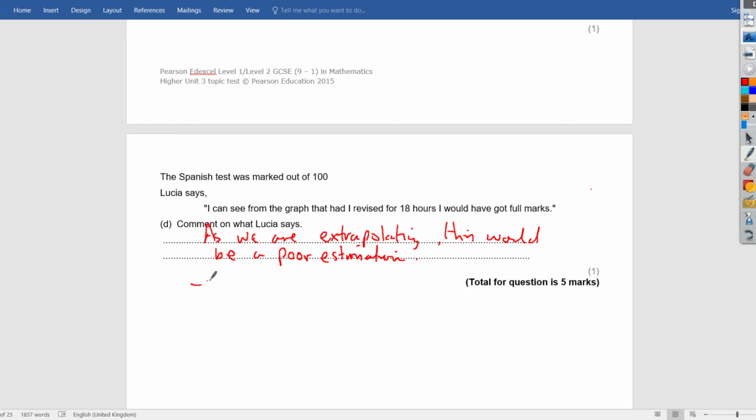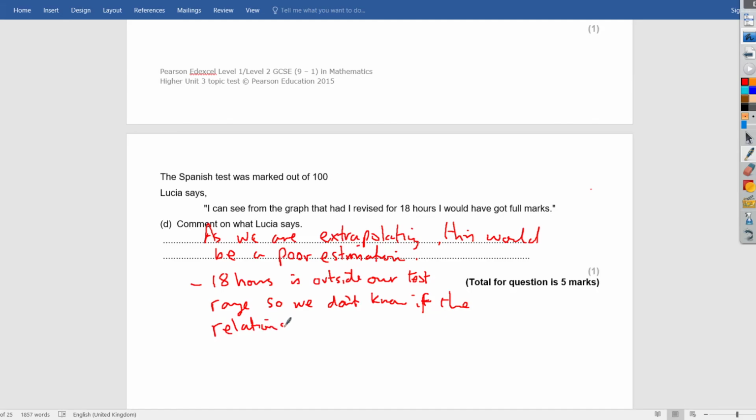Or if you want to put it another way, 18 hours is outside our tested range, so we don't know if the relationship would continue beyond our tested data.